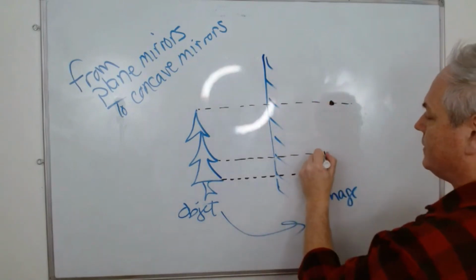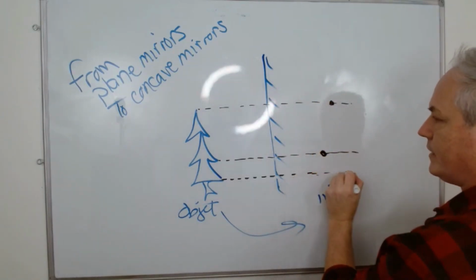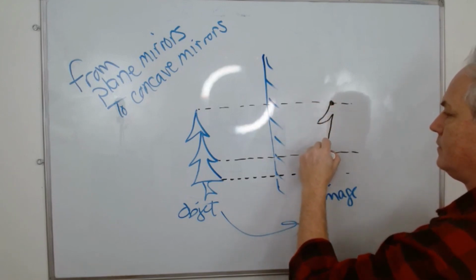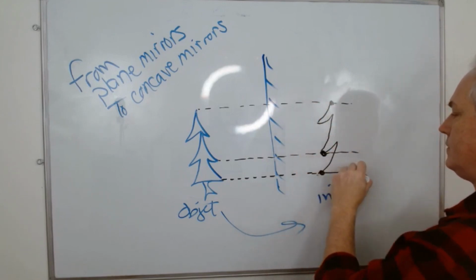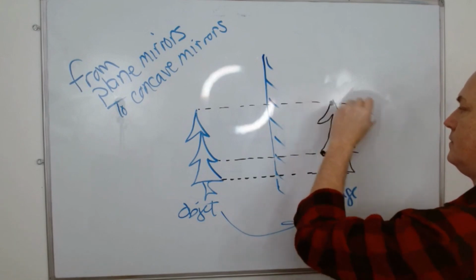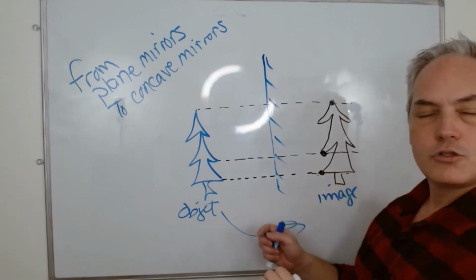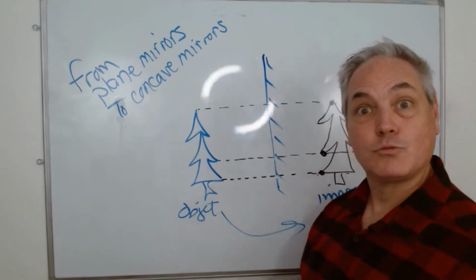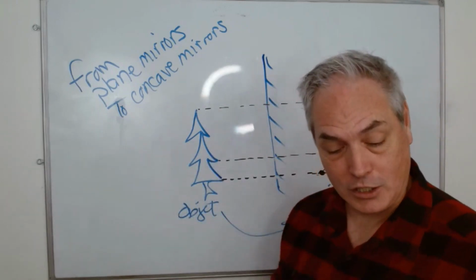So we have this point here, this point there, and this point here. Perfect. So just the distance from the mirror will be able to tell us where the image is. We know that because we can see in the mirror.